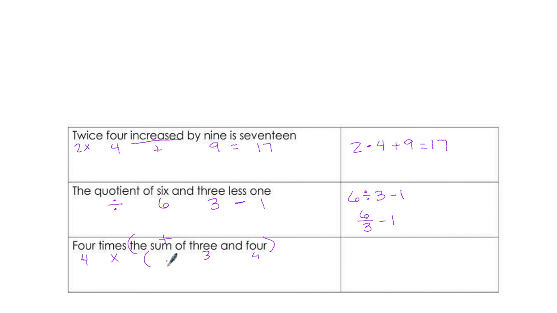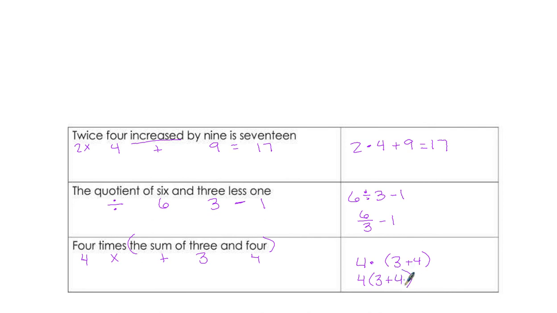So 3 plus 4, the sum of 3 and 4. So we have 4 times (3 plus 4), or we can also write it as 4 times the sum of 3 and 4.